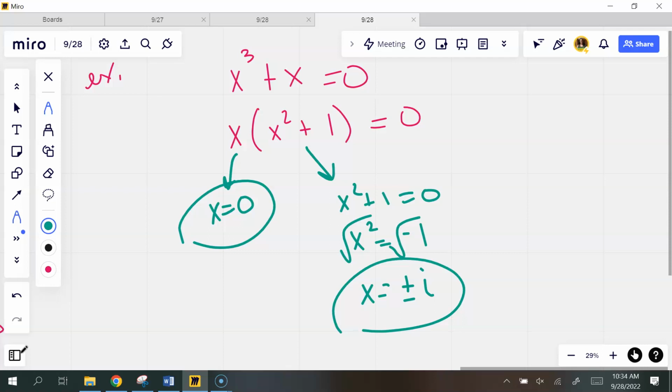Plus or minus i. X squared plus 1 equals 0. And then square root of x squared equals the square root of negative 1.